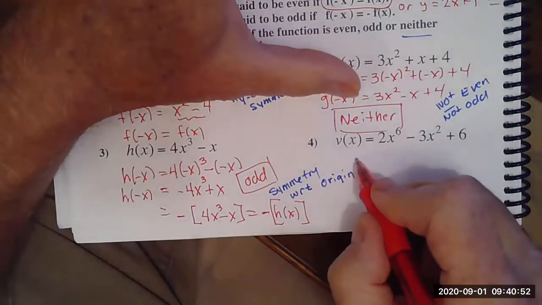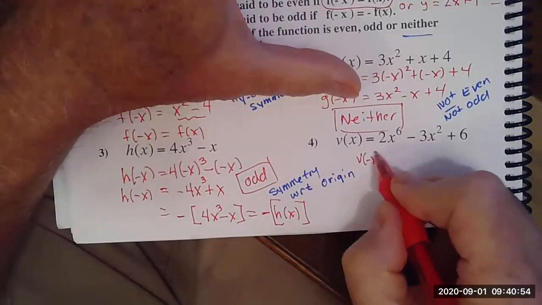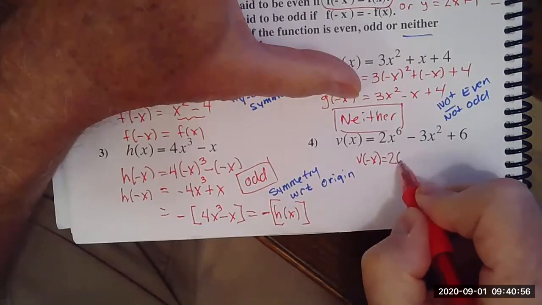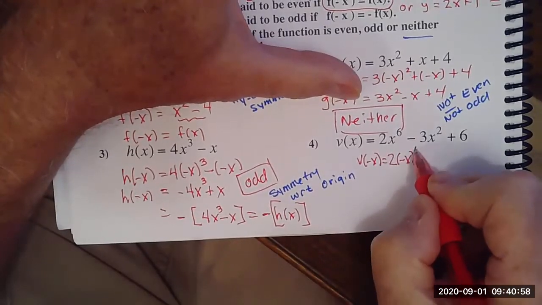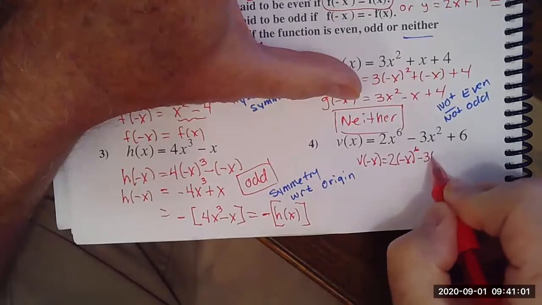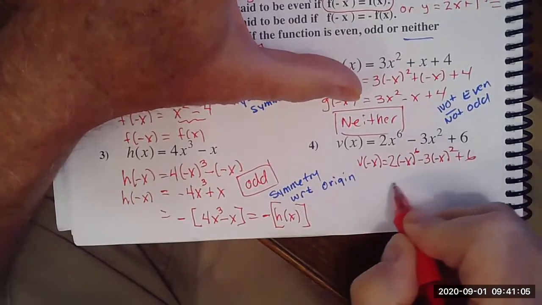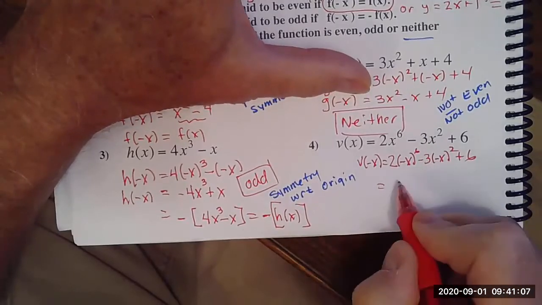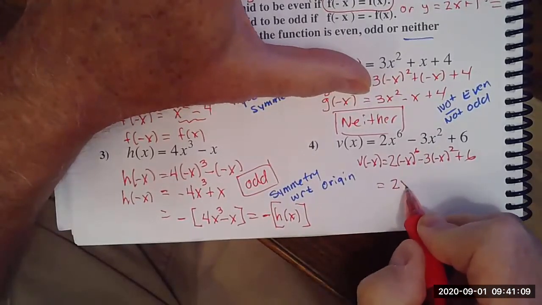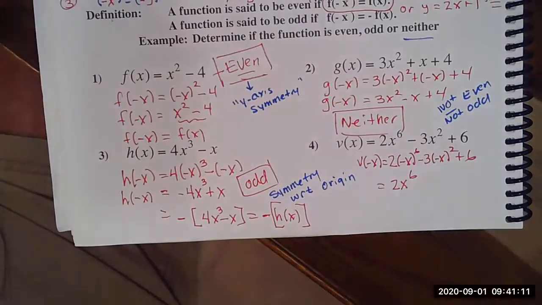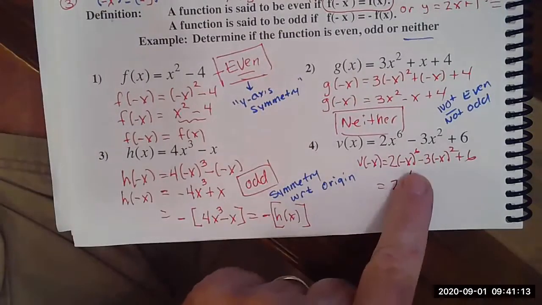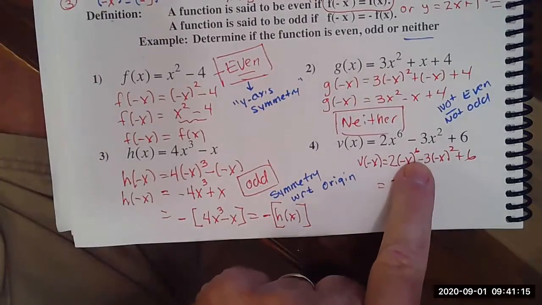And the last one, so I'll go V of negative x. Simplify, let's see, that would be 2x to the, okay, so it's not negative. Whenever you take a negative raised to an even power, that means you have that many negative signs.